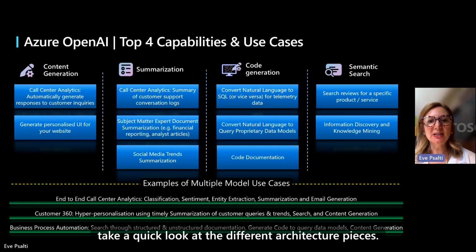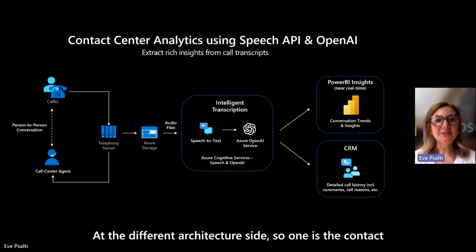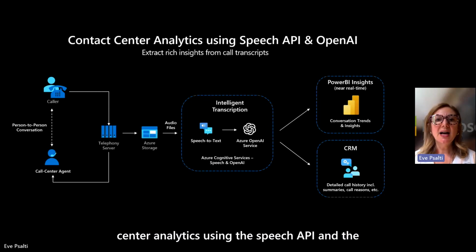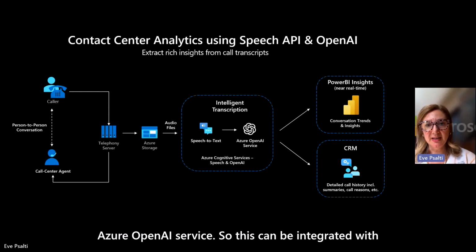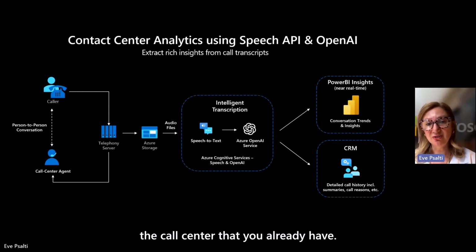And we can take a quick look at the different architecture pieces. Oh, sorry, at the different architecture side. So one is the contact center analytics, using the speech AI API and the Azure OpenAI Service. So this can be integrated with a call center that you already have.